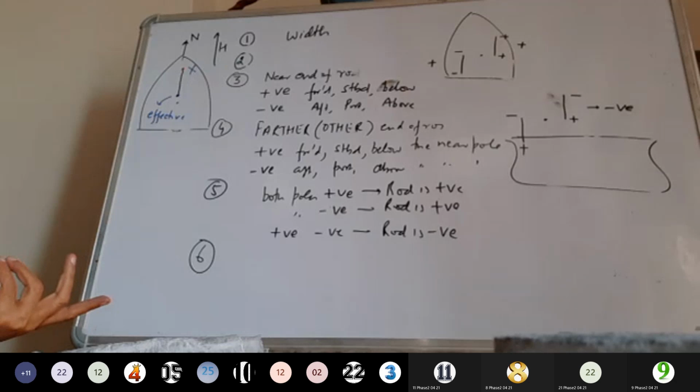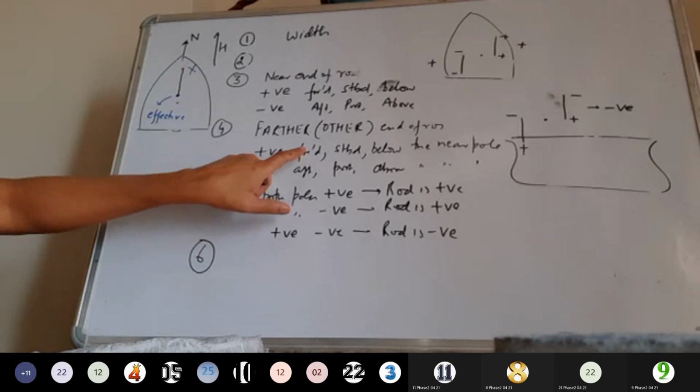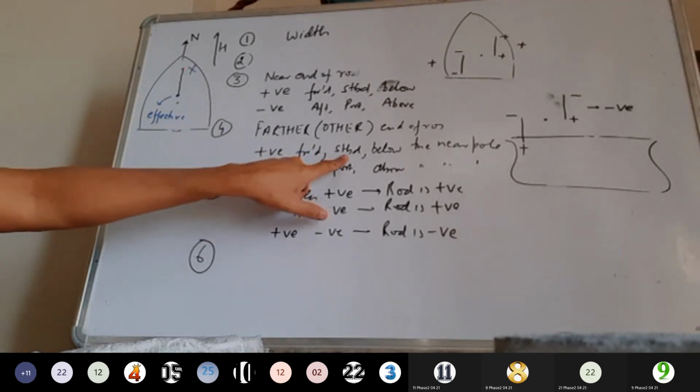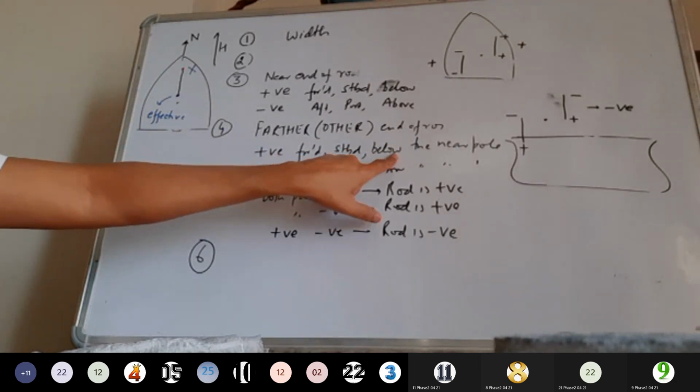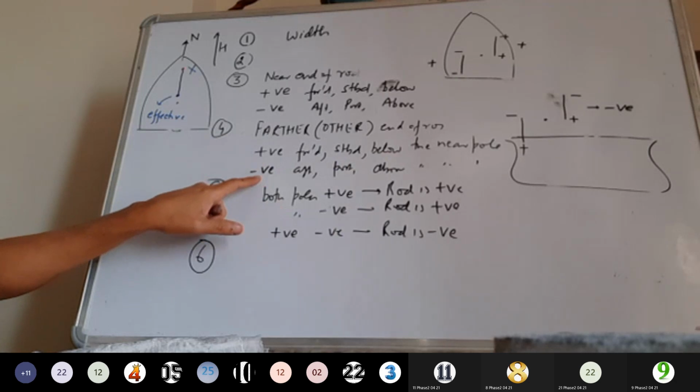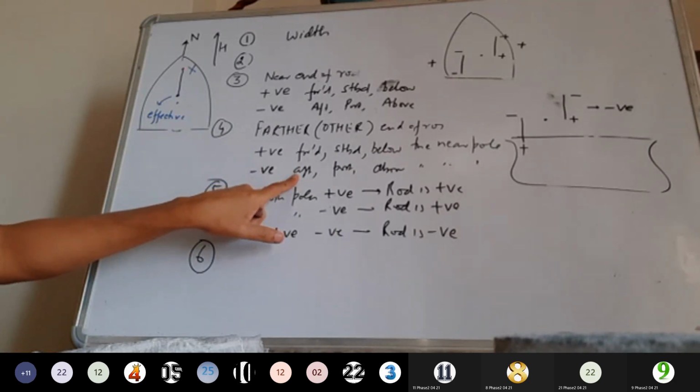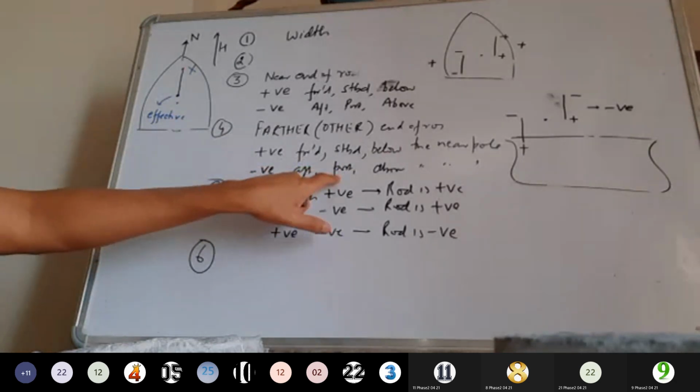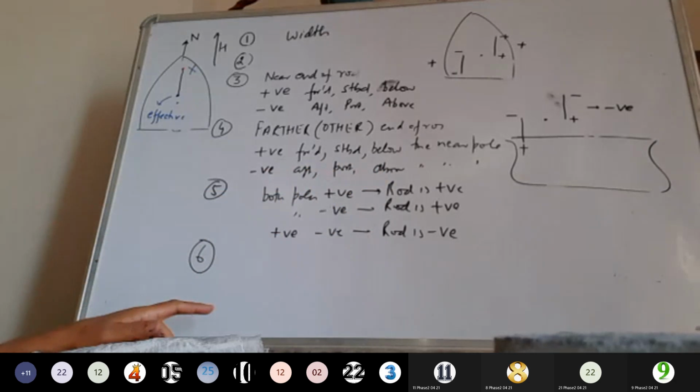The other end of the rod is considered positive if it is located forward of the near pole, starboard side of the near pole or below the near pole. And the other end of the rod is taken as negative if it is aft of the near pole, port side of the near pole or above the near pole.